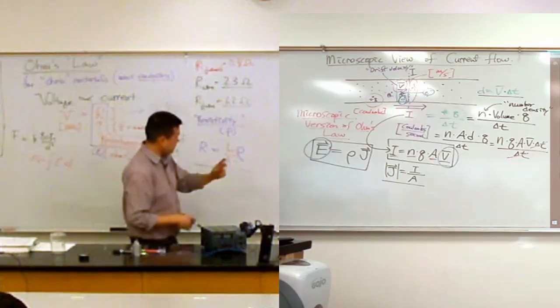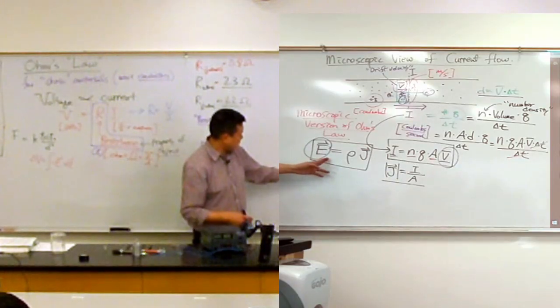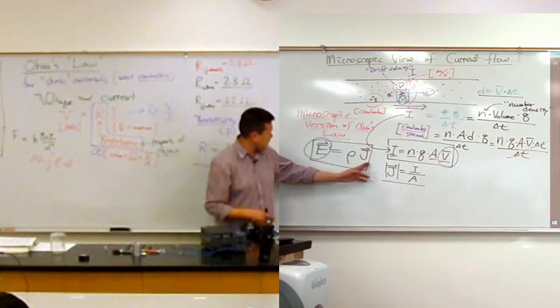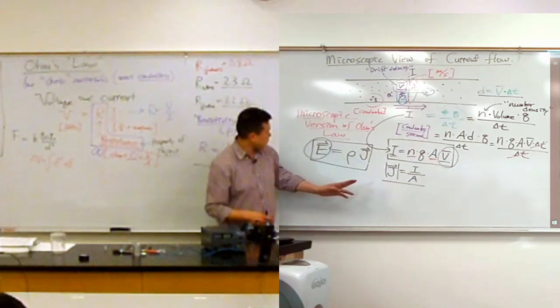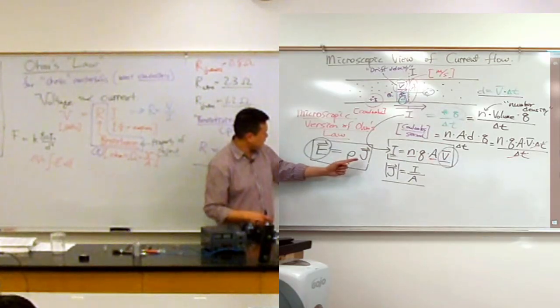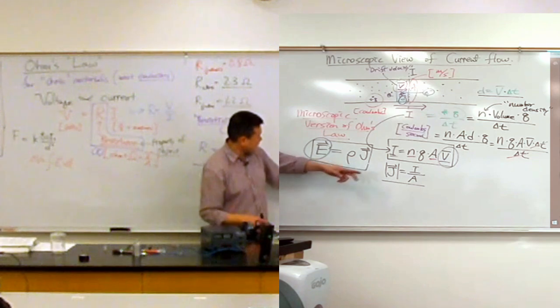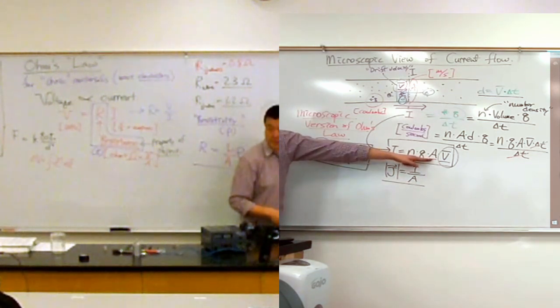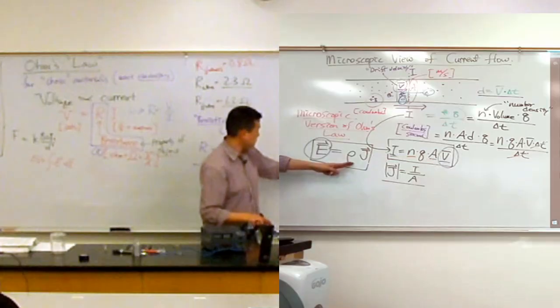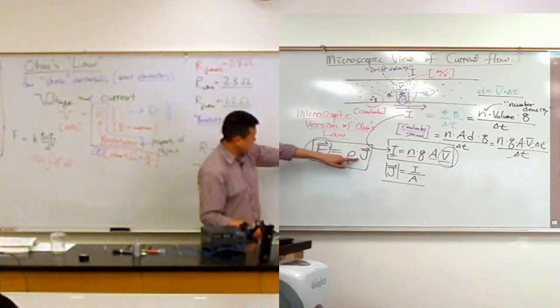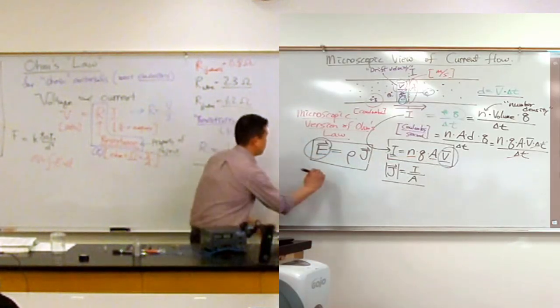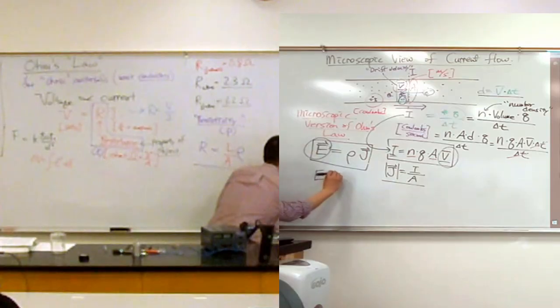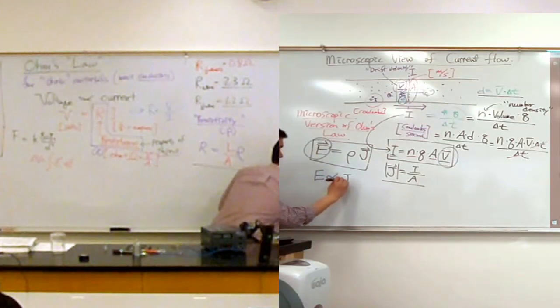Electric field is equal to this. So I can just take this divided by area, that will be my current density, and put it in here. So electric field is proportional to current density.